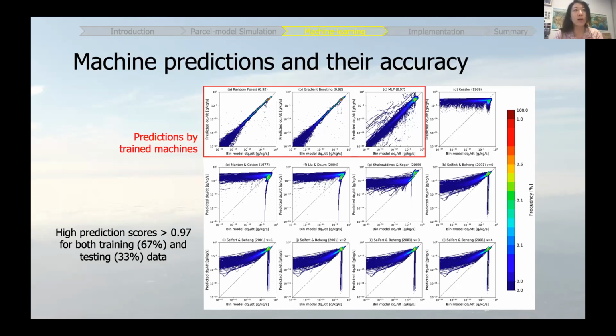That's why I want those variables from observations and try to use a real reanalysis data set to initialize the simulation, and then see if the simulations that I ran with the trained machine are actually better in predicting QC and those variables.